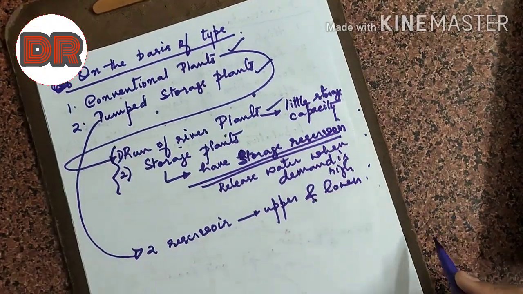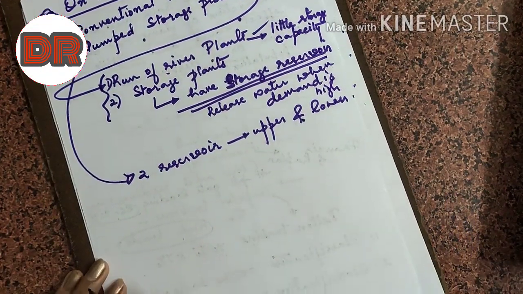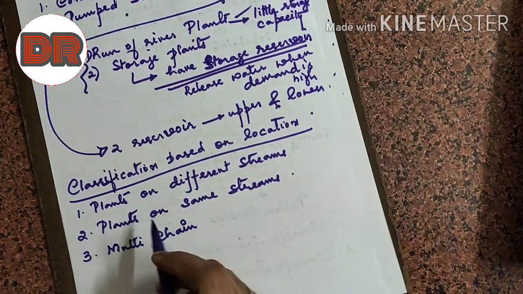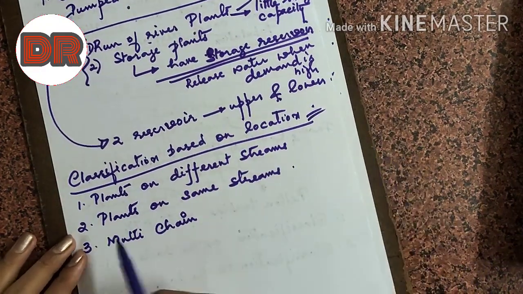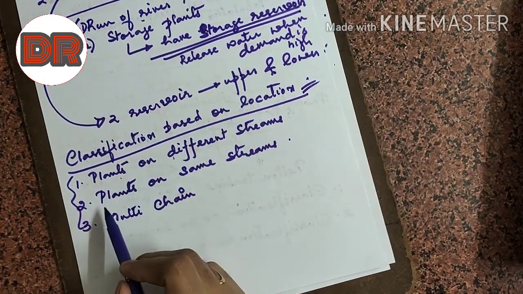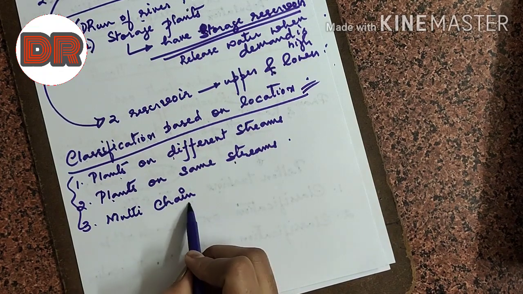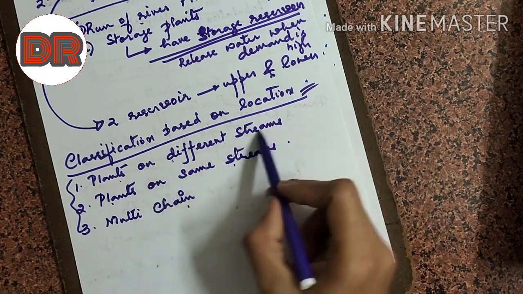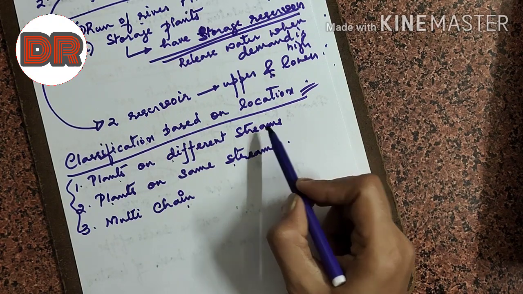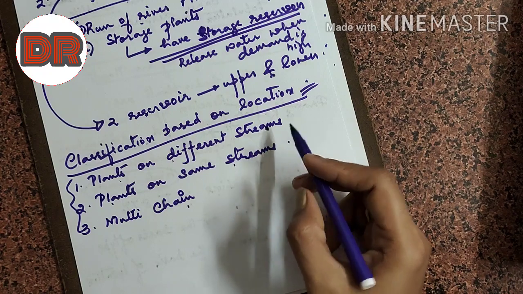This is classification based on type, and the second one is classification based on location. Based on location, we have three. The first is plants on different streams, the second is plants on the same stream, and the third is multi-chain. Plants on different streams are connected to a common load but located on different streams and are independent of each other.